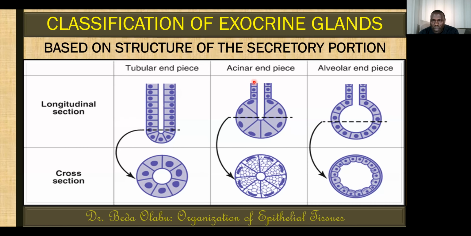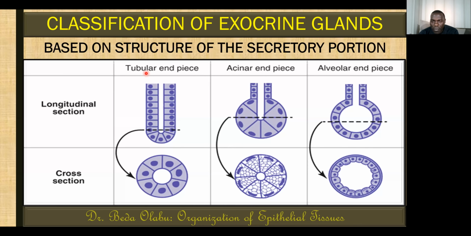You can also have an end piece which looks like this, the secretory portion being made up of large cells with the nuclei being mostly on the basal side. If this is the organization, then we call it acinar.